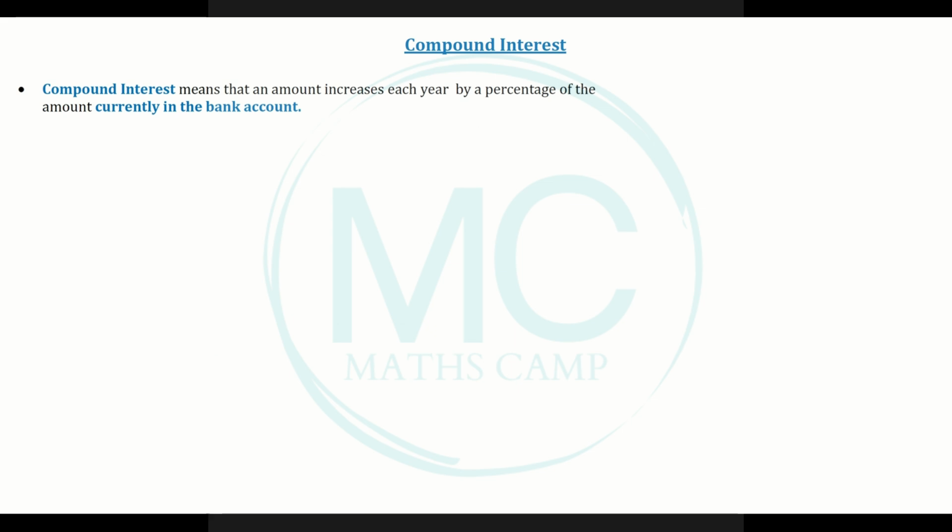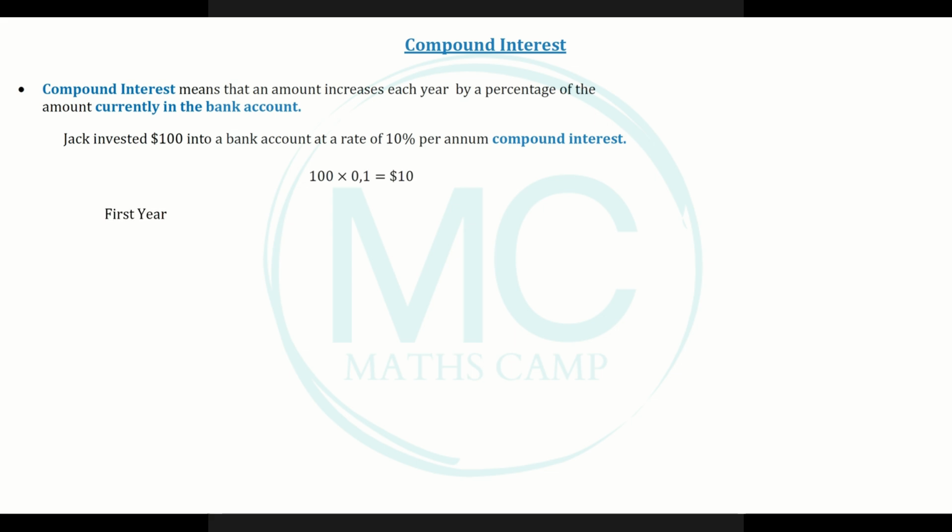So let's see how much Jack's money will increase if the bank offers him compound interest. Jack invested $100 and the interest rate is still 10%. And we know that 10% of $100 is $10. So after the first year, we can take Jack's original amount, $100, add 10%, which is $10, and we get $110.